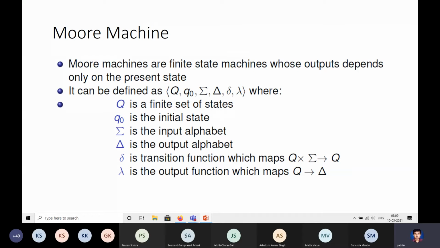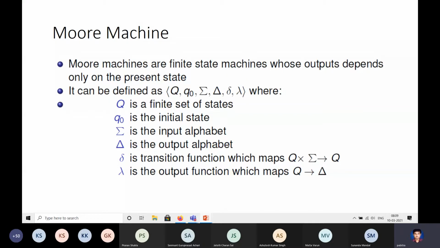Then we'll go ahead with the implementation of the formal representation using a circuit having flip-flops and gates. And then maybe we will see that it's possible to convert a Moore machine to a Mealy machine and vice versa.